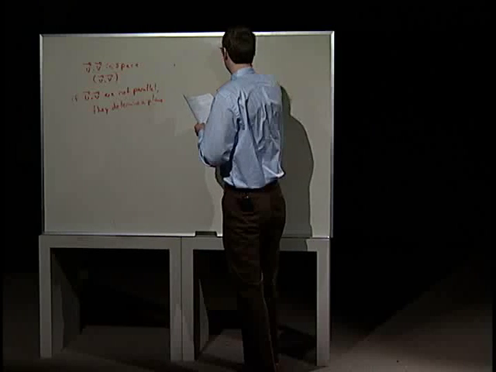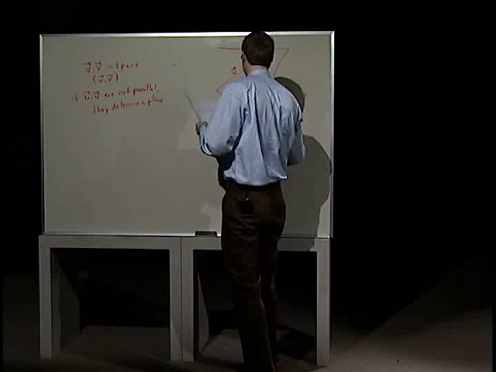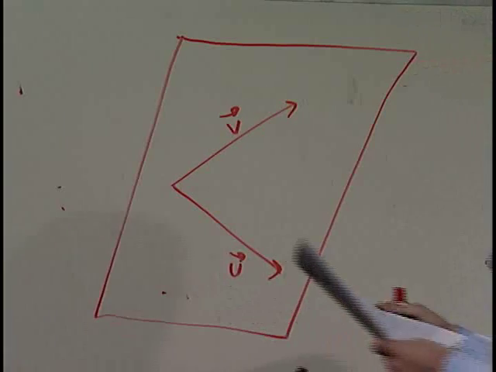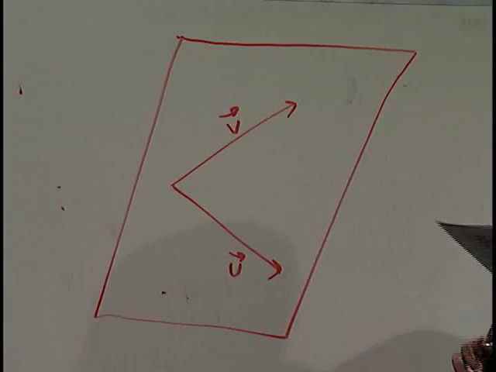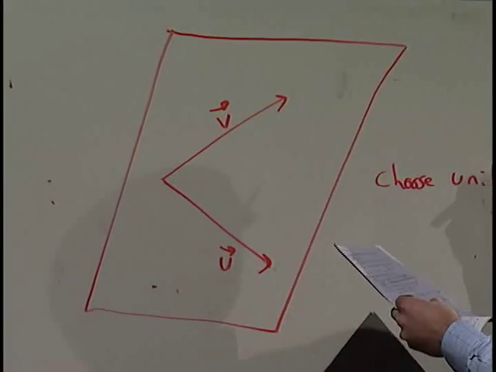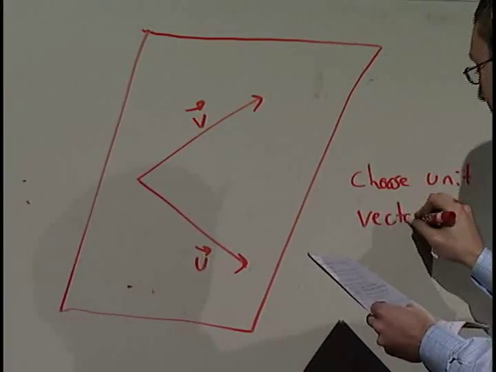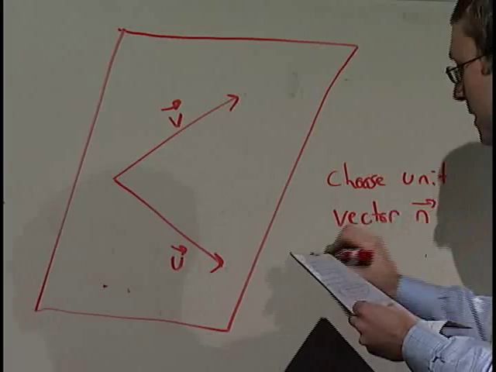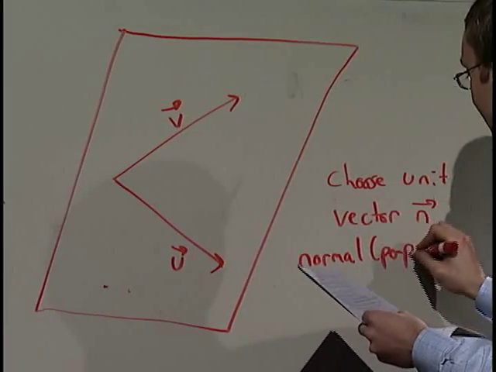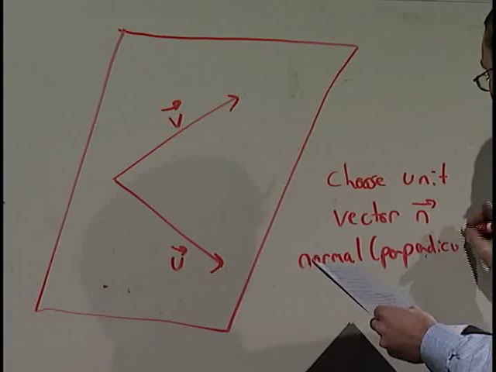So there we go. Okay. What you want to do now is you want to choose a unit vector n, which is normal, or perpendicular is another synonym for normal.